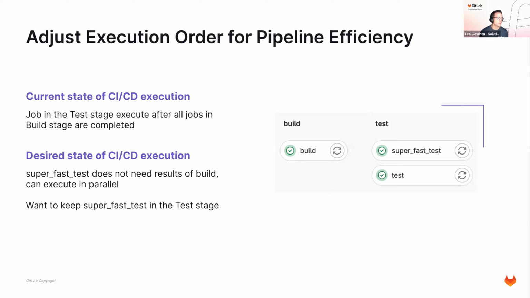Now, assume we want to add a new test called super fast test, which really doesn't need the results of the build stage, and it could theoretically be run in parallel. However, we still want to keep that within the test stage. And so that's kind of what we're going for next.